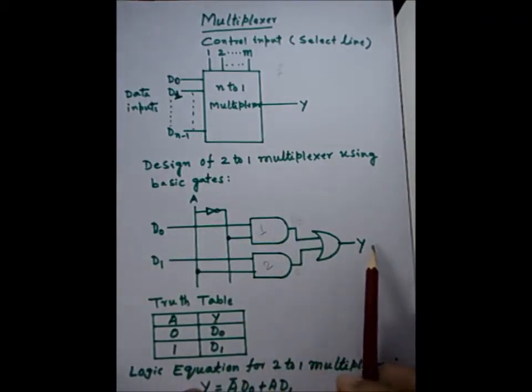As a result, the output of the OR gate will also be D0.